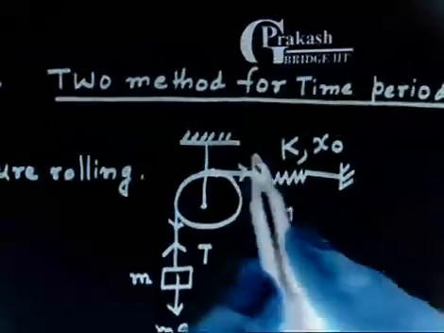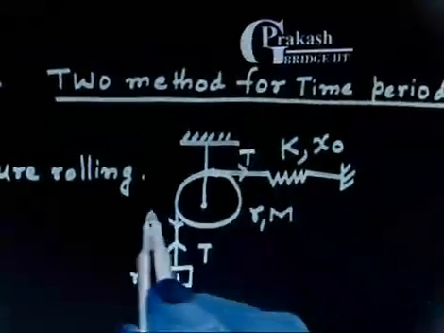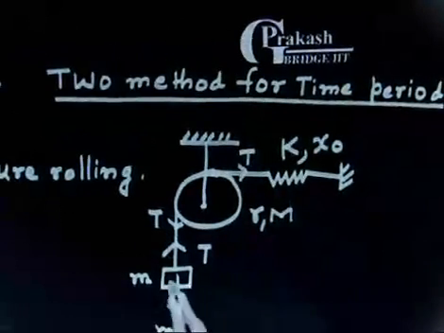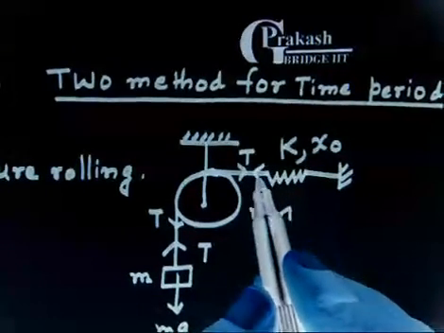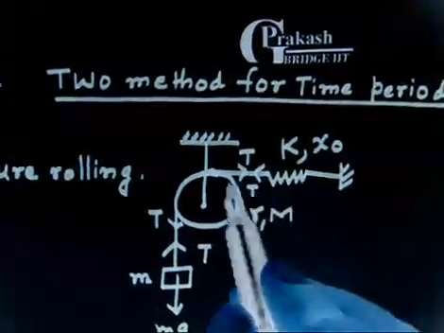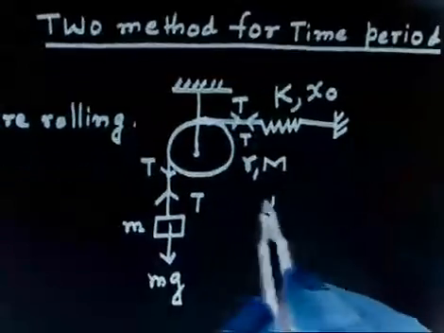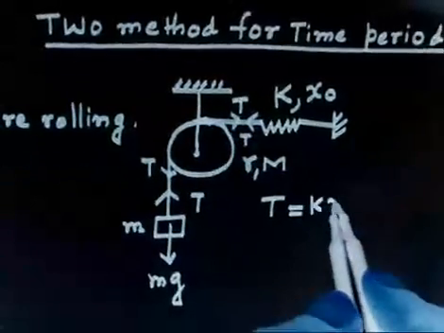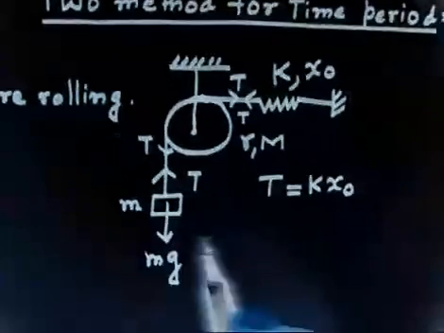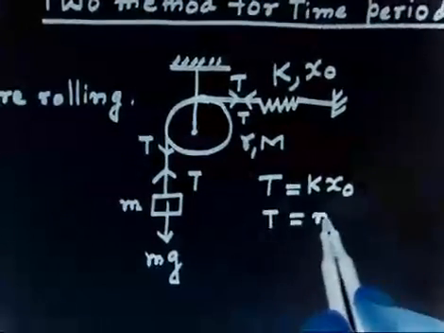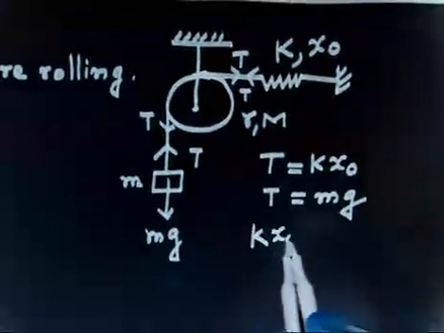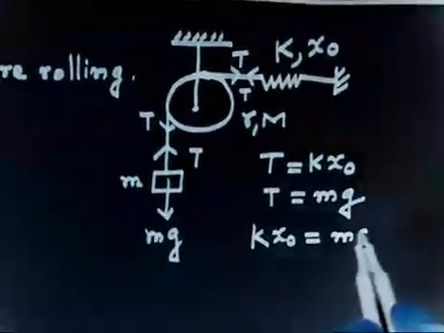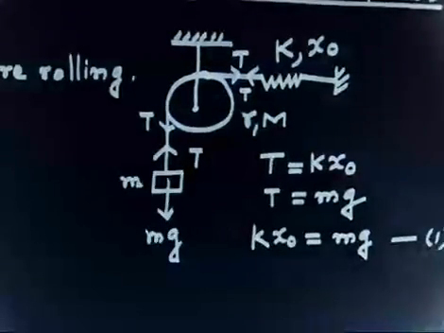But this is a static situation, so the tensions on both sides will be equal, and this is the same as this tension. On this side there is a force kx naught, so tension will be written as kx naught. And for the mass, tension is equal to mg. So I have the equilibrium condition, that is kx naught is equal to mg. This is my equilibrium condition.